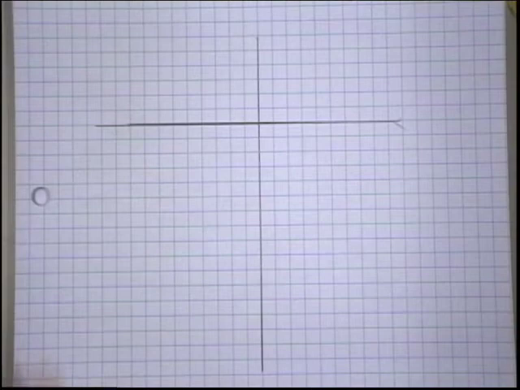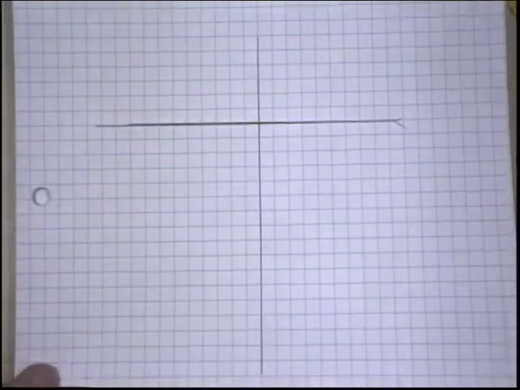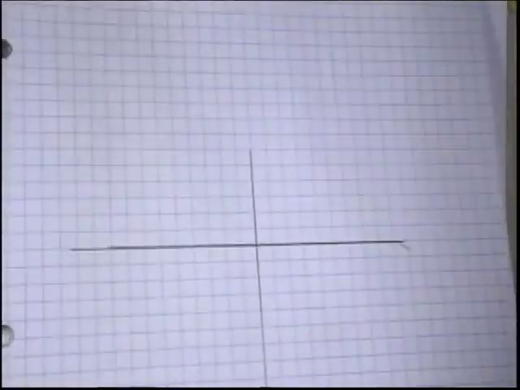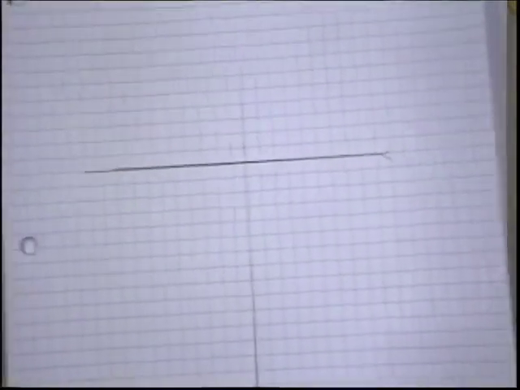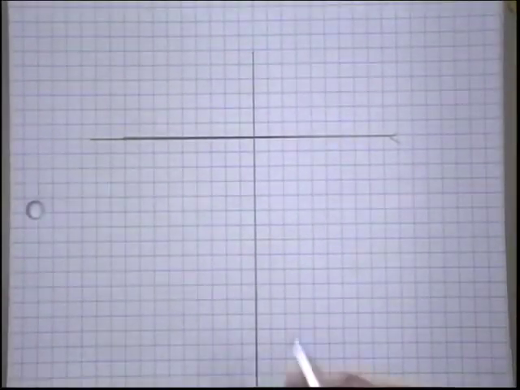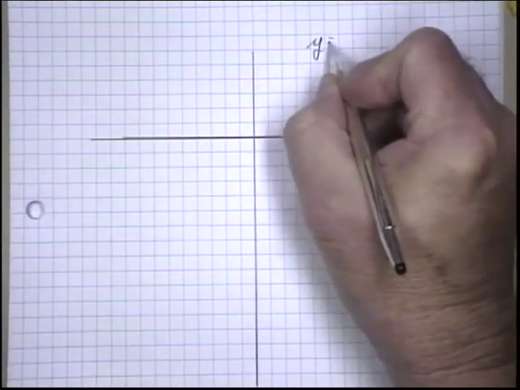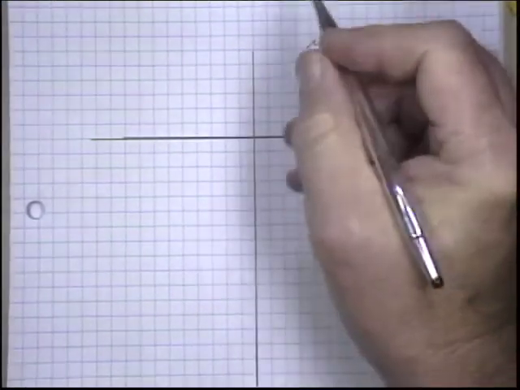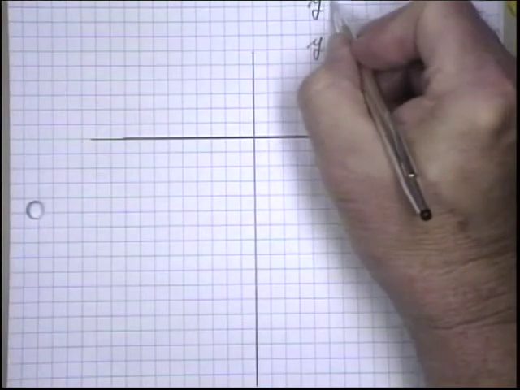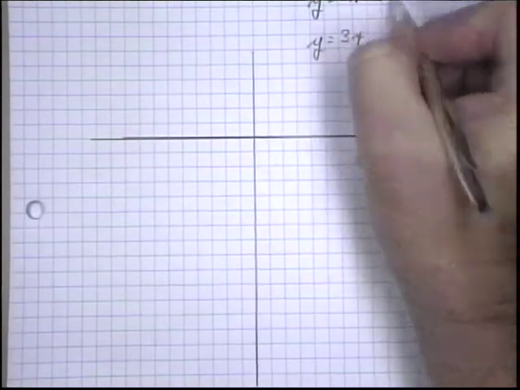I'll write the two equations on this paper here so that we can see them. We have y equals 3x, and we have y equals 3x minus 4.